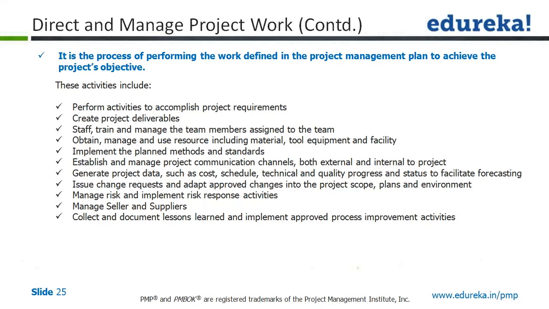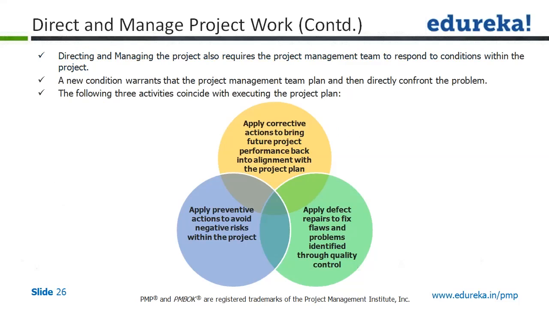So once you get to know activities like this, you should very clearly correlate in your mind that you are in the executing process group, and the process you are representing is direct and manage project work. Directing and managing the project also needs the project management team to respond to various situations and conditions in the project.